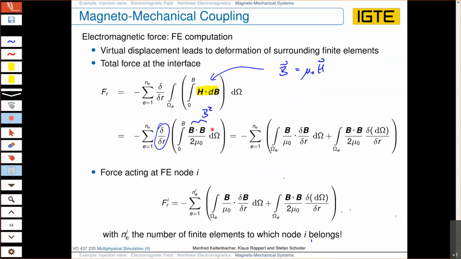On the other hand, we also have a change in the volume. Therefore, we have a second term where we have this virtual change of the volume over which we integrate.